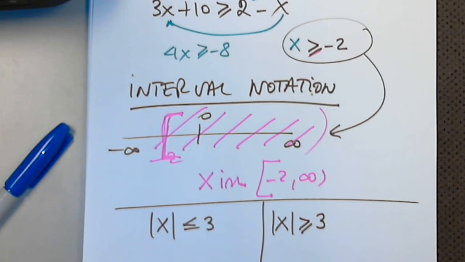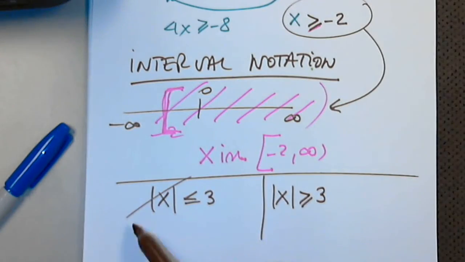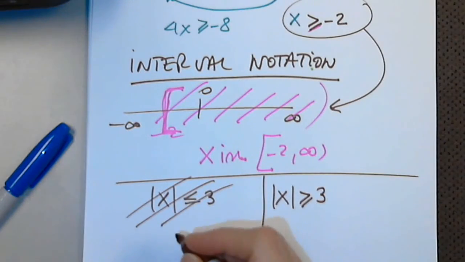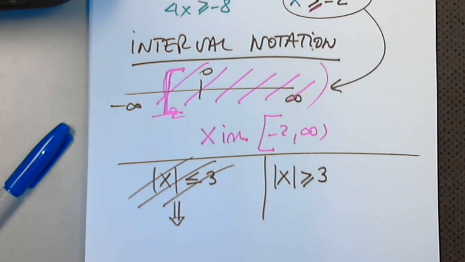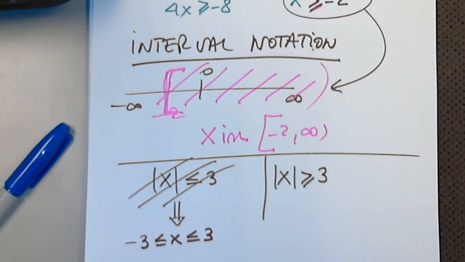Remember again, I'm just making a point, don't erase it like that. I cannot solve this. But I know that now, as Harry said, it's negative 3 less than or equal to x less than or equal to 3. He said in between. That was the answer. In between negative 3 and 3, I will find numbers with distance from 0 less than 3 units.